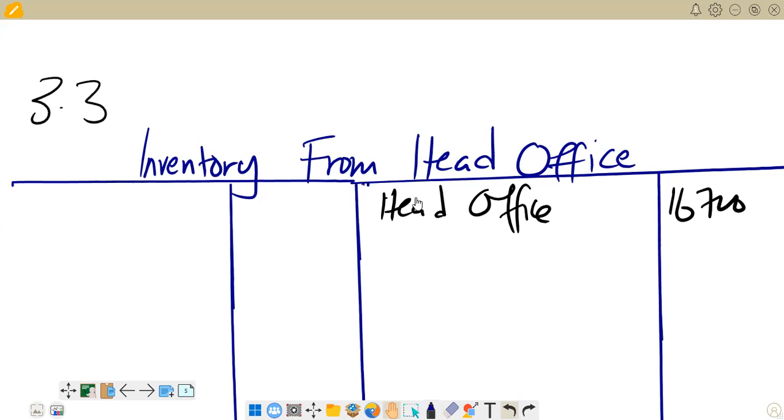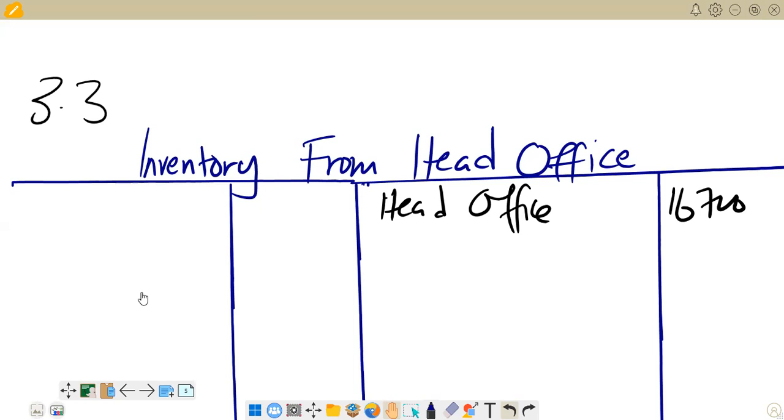So from head office, we have got some omissions again that we need to take care of. On inventory from head office, we've got some omissions that we need to enter. Remember, we had some inventory that was transferred from the head office to the branch. So when it goes to the branch, we are supposed to post it in the inventory from head office account.